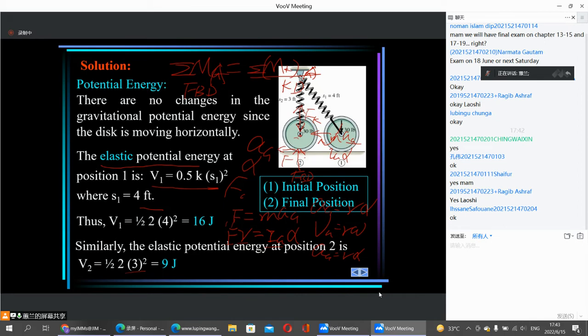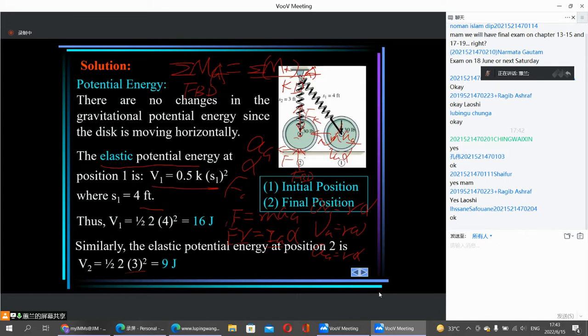F equal to m a_G. From the FBD, from the real force analysis, you have the resultant force, and then equal to m a_G, the kinetic force. a_G is actually the acceleration of the mass center.